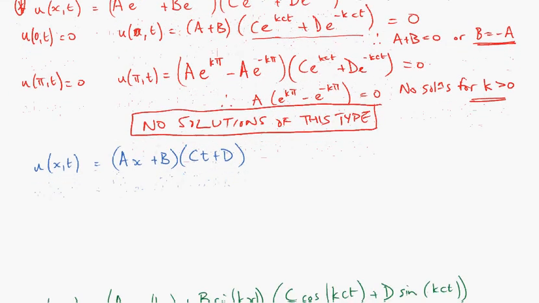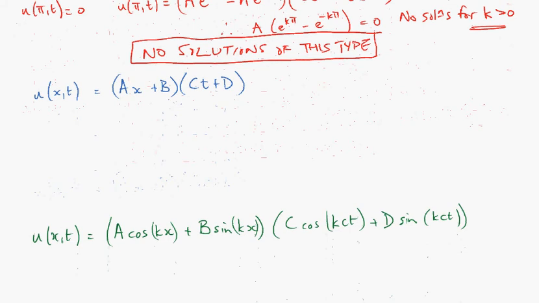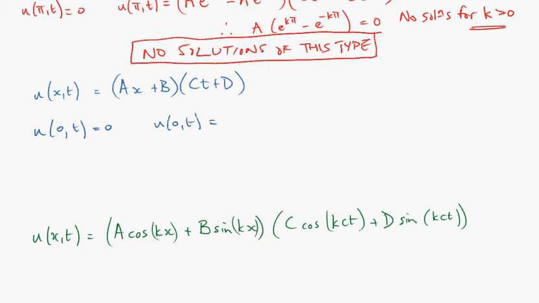We go on to the next family of equations, and we have u(0,t) equals 0. So you put x as 0 in there and you'll get u(0,t) equals b times (ct plus d). Either ct plus d is 0, we've got a trivial solution, or for non-trivial, b equals 0. Brilliant.